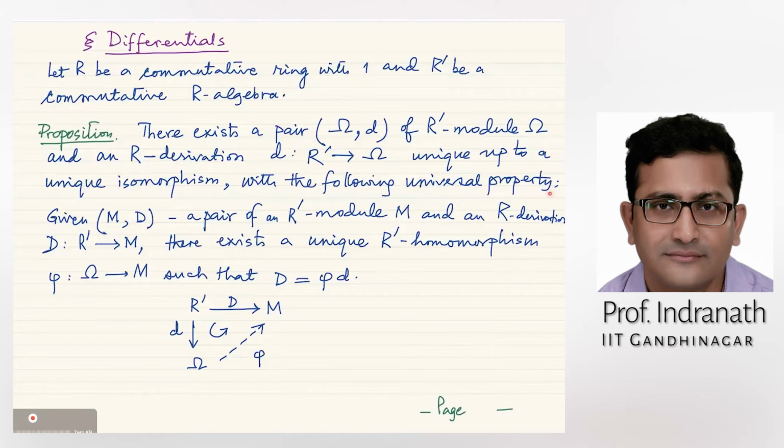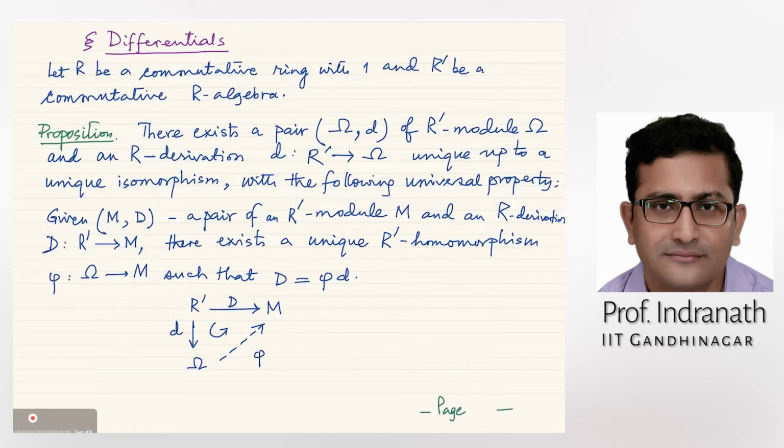Now this universal property is what we will be using all the way. Given a pair of an R'-module M and an R-derivation d' from R' to M, there exists a unique R'-homomorphism phi from Omega to M, such that this diagram is commutative.